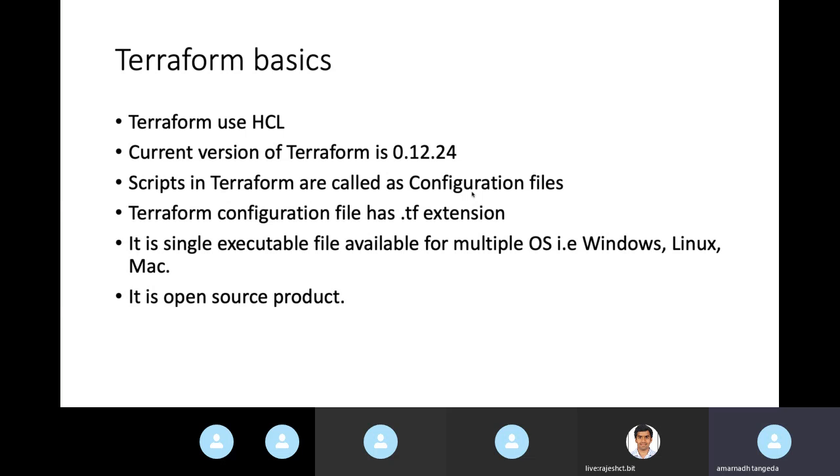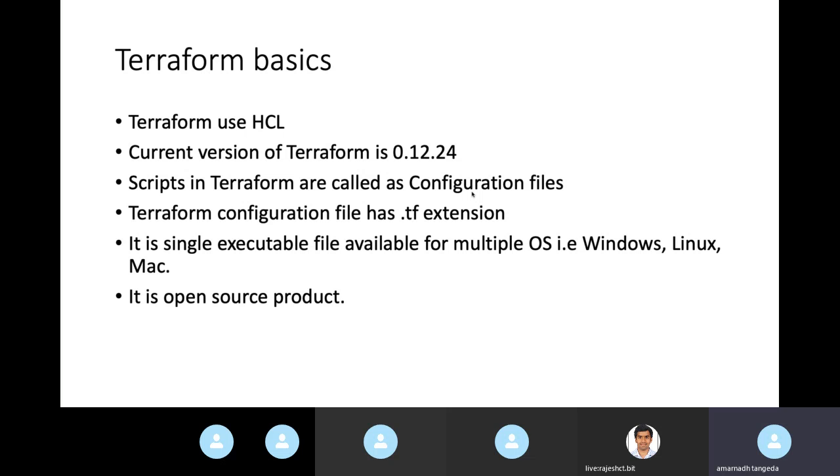If you write a program in Python, we call it a Python file; if you write in shell prompt, we call it a shell file. In the same way, any code written in Terraform is known as a configuration file, not a Terraform file. A Terraform configuration file has a .tf extension. All Terraform files end with the .tf extension.